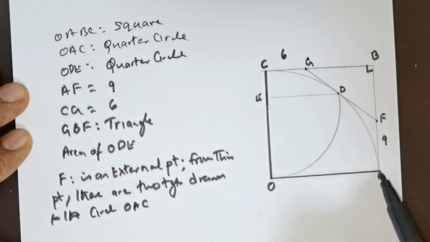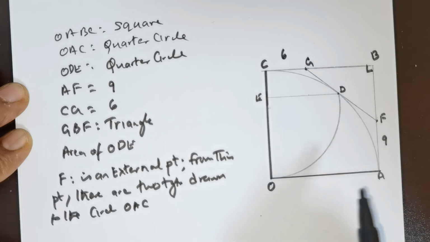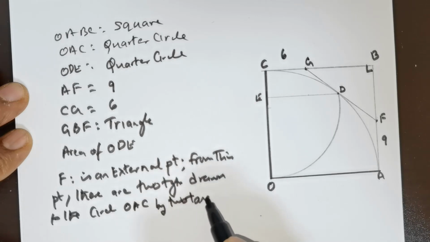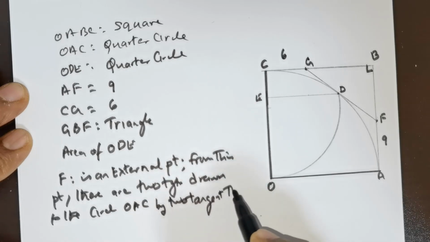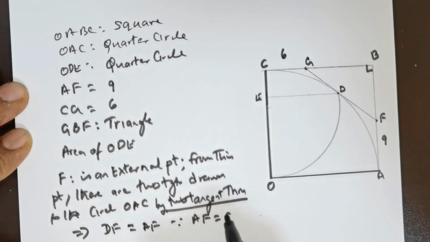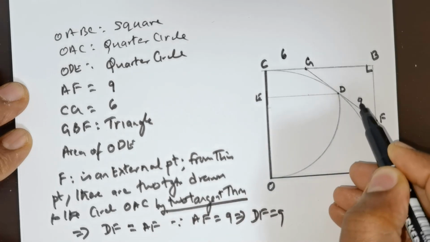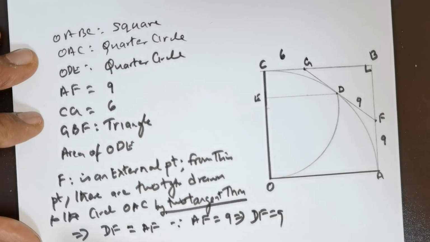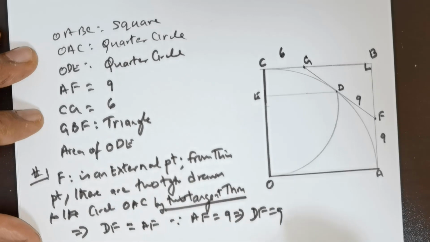That tangent is hitting the points A and D. So by the two tangent theorem, we have used this theorem before, this means DF is equal to AF. Now since AF is equal to 9, this means DF is also equal to 9. So this segment is equal to 9. Fine. So this is one part of the observation.